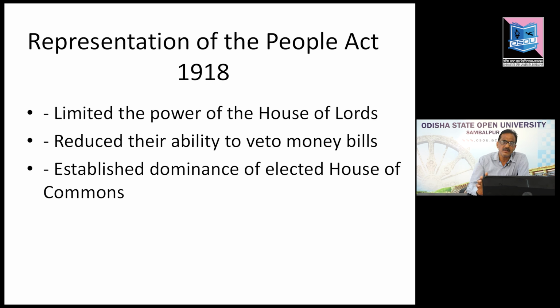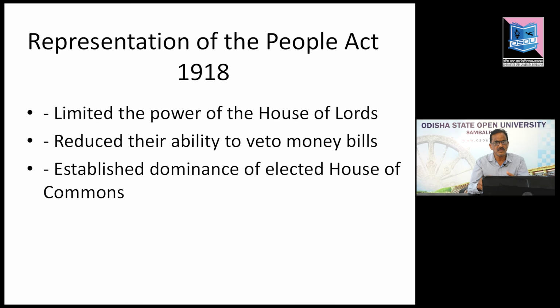Now we can say that almost this was a step towards universal suffrage in England. This is known as the Representation Act, as it allowed representation to almost all the people of all sections of the society.